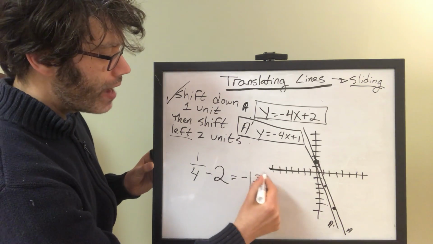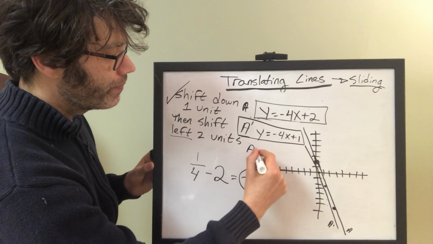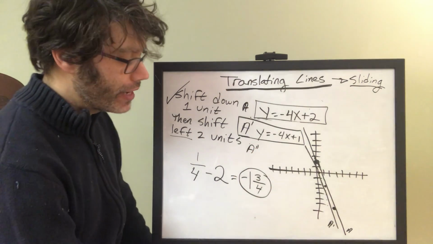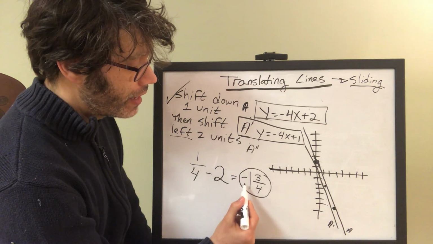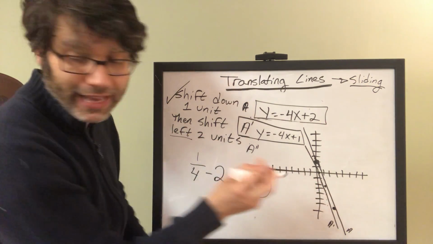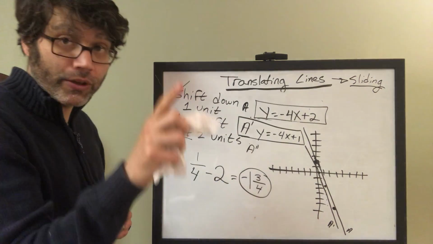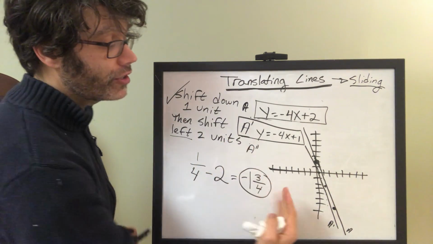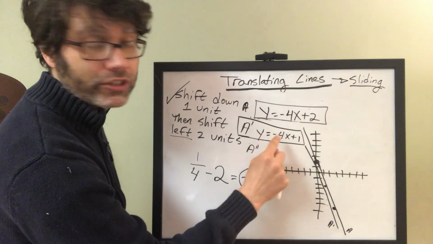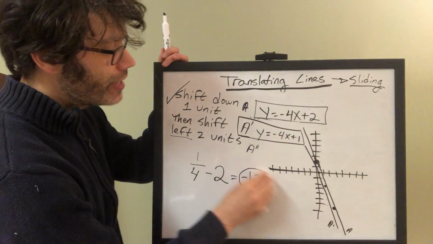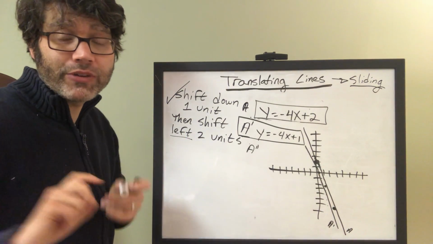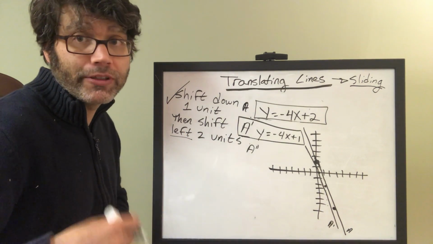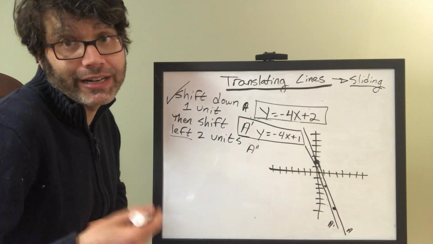All right, so our A double prime equation is going to cross through negative 1 3/4 on the x-axis. By the way, A double prime is also going to keep the same negative 4 slope because they're all parallel lines. So now that we know what the root is of A double prime, we need to figure out what the y-intercept, or the b, is of A double prime so we can write its equation.